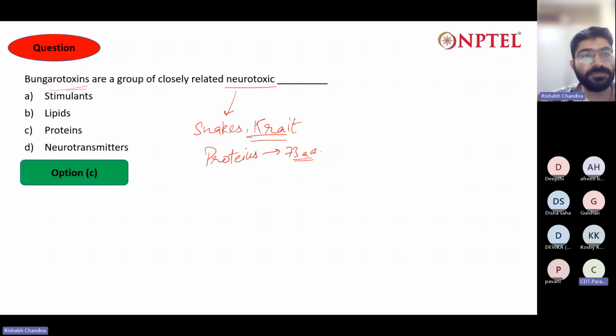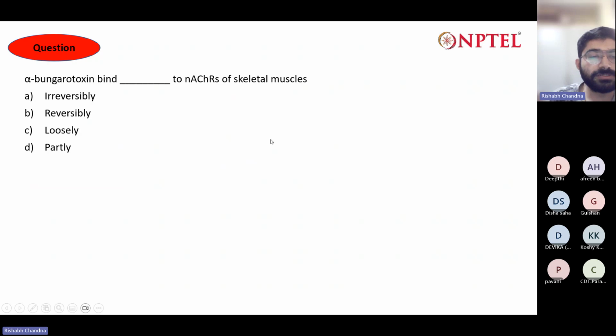So this is the basic structure of the bungarotoxins that we study, and they affect the neuromuscular junction only. Whenever a snake bite happens to a human, the human gets instantly paralyzed and will not be able to move, because the junction through which the signal passes from the axon to the muscle is stopped. That's why the person is paralyzed in that case. Okay, so this is the story of bungarotoxin, and let's move on to the next question.